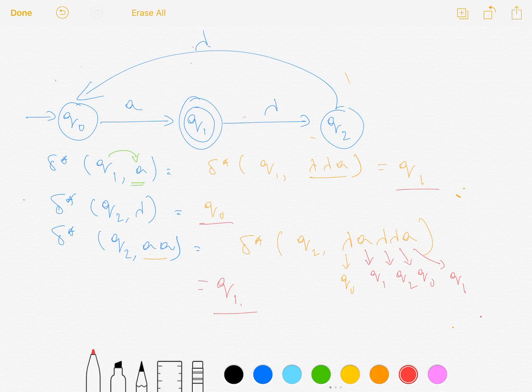So, we have to be cautious in case of NFA whether any lambda transition is there or not. If a lambda transition is there, then we have to consider that particular alphabet after accepting lambda, before that particular alphabet or after that particular alphabet.